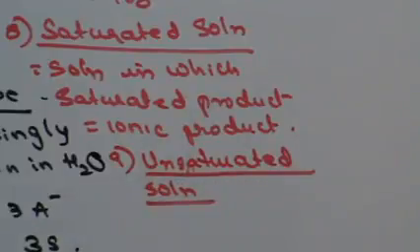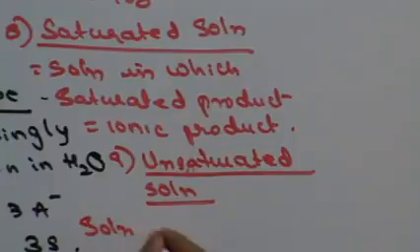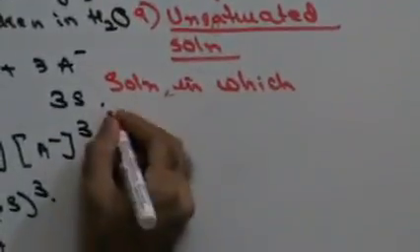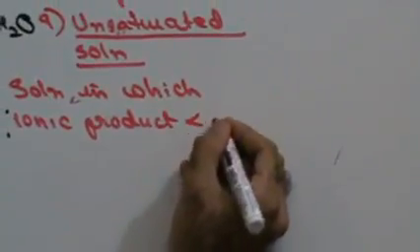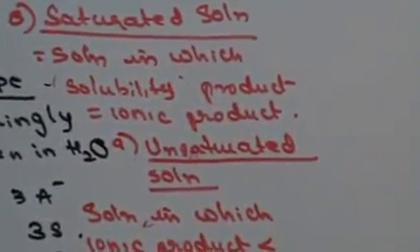What is an unsaturated solution? A solution in which the ionic product, that is B plus into A minus, is less than the solubility product is called an unsaturated solution.